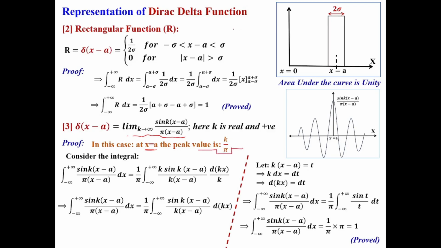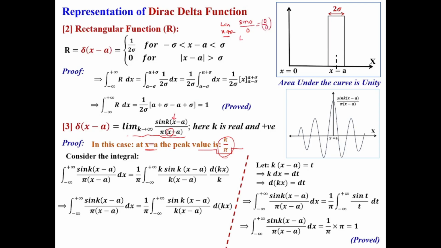How is it? Here you can see for limit x tends to a, that means when x tends to a, the value will be k by pi. If I put x equal to a in sin k(x minus a) by pi(x minus a), then it will be sin 0 by pi into 0, so we get the 0 by 0 form.